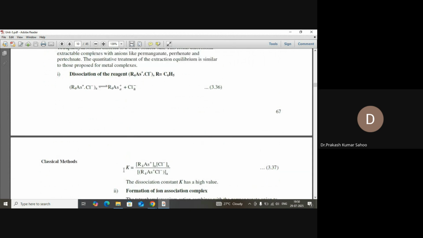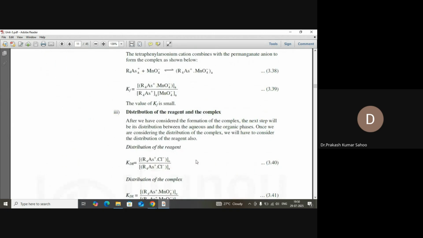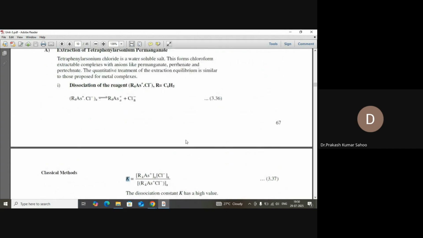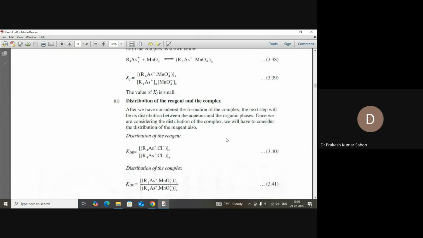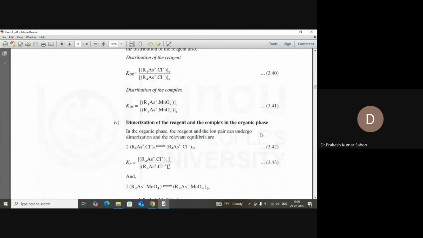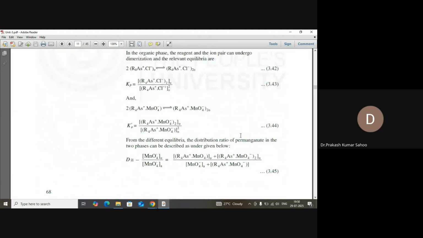So always remember, from the equation, whenever you write the equilibrium constant or distribution constant, the product concentration is at the top or above, and the reactant concentration is at the bottom. Then there are four steps: dissociation of the reagent, formation of ion association complex, distribution of the reagent, and dimerization may occur.